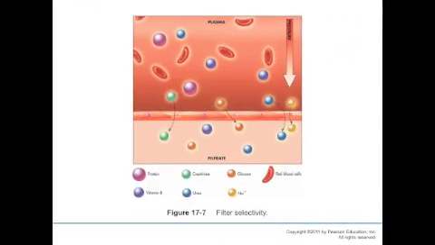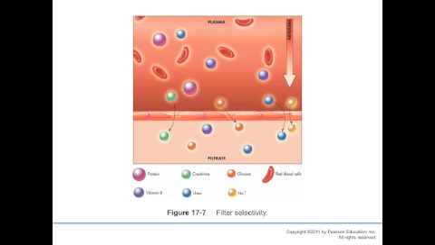Figure 17-7 from page 440 of your textbook is a figure that illustrates the concepts behind filter selectivity. Your textbook uses the concept of different size screen mesh that you can use on your windows and doors. The finer the mesh, the smaller the particles that are going to be trapped by this screen and not allowed to pass through.